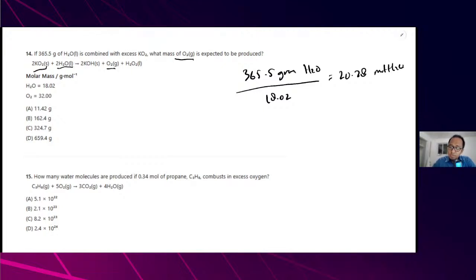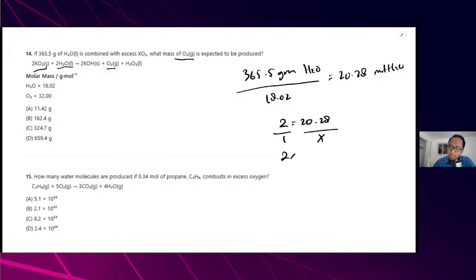The coefficient of H2O is 2, and the question asks for the mass of O2. If 2 corresponds to 20.28, what about the O2 with coefficient 1?